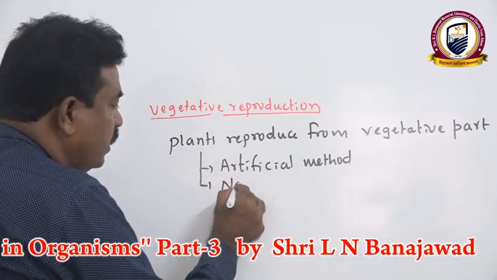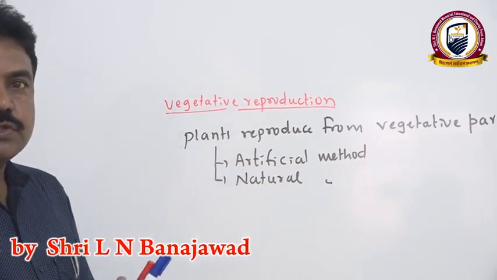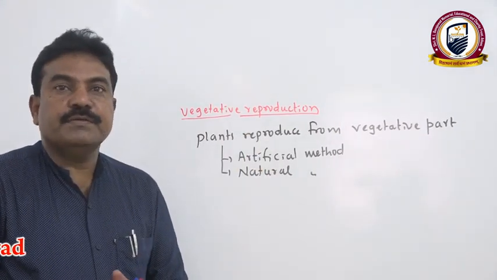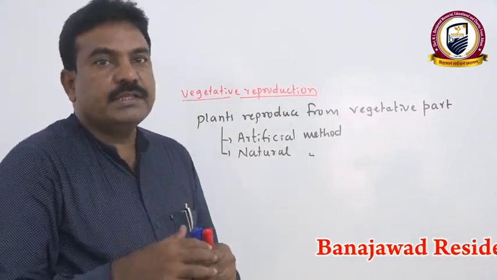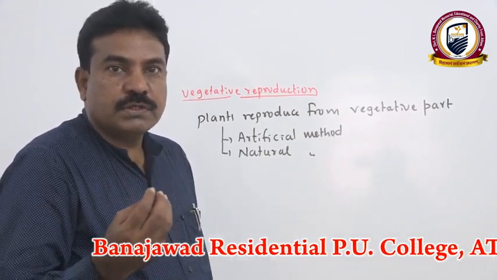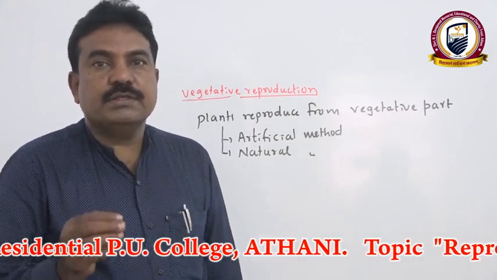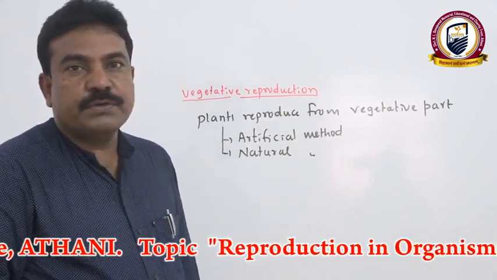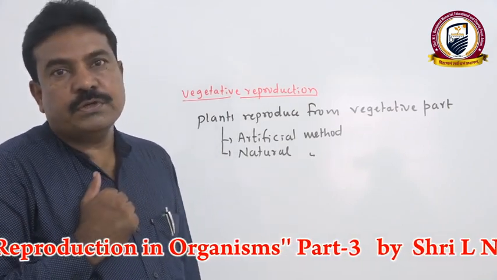In the field of agriculture and horticulture, today we use plenty of artificial methods of vegetative propagation. For example, sugar cane we cultivate by taking the stem. Same by taking stem cuttings we cultivate rose, jasmine, hibiscus. Turmeric and ginger we generally cultivate by taking their rhizomes. Same with banana, we take rhizomes or corms for vegetative propagation.